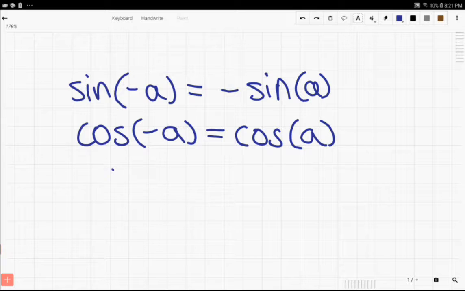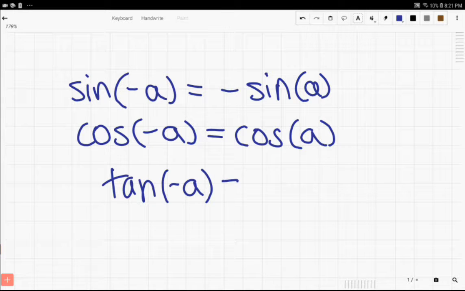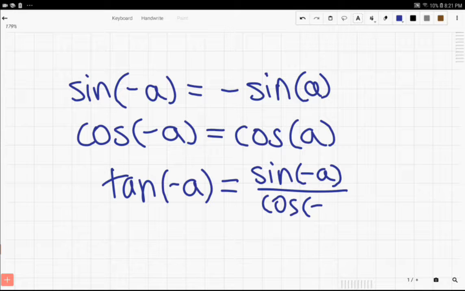So we have tangent of negative A is equal to the sine of negative A over the cosine of negative A. And we already know those values from the identities that we have right in front of us.